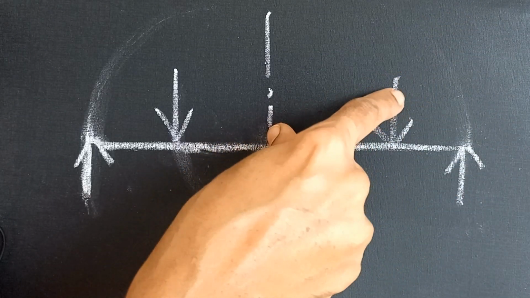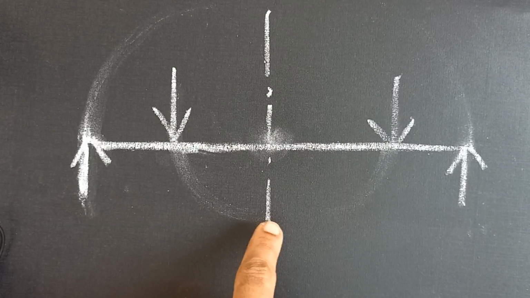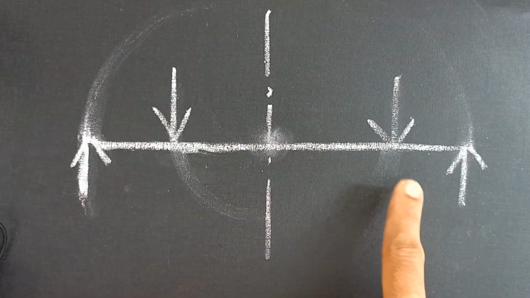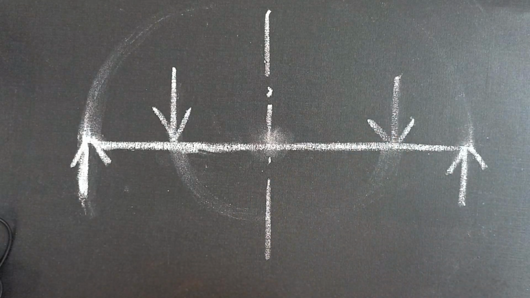See, you will get a clockwise rotation. The shear due to this force can be considered as positive. If you are using this technique, please note that whenever you are getting a clockwise rotation, it is a case of positive shear. And if you are getting an anti-clockwise rotation, it is a case of negative shear.